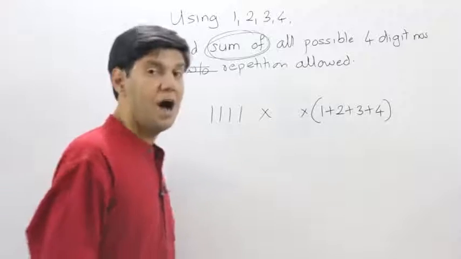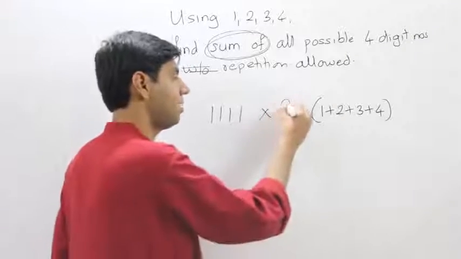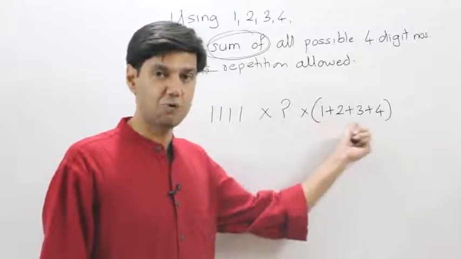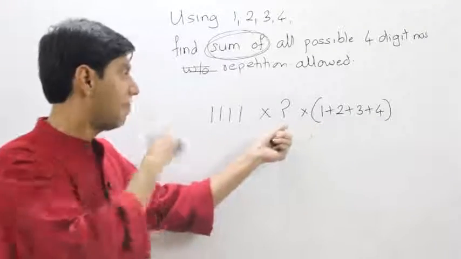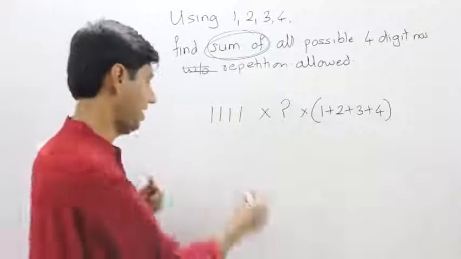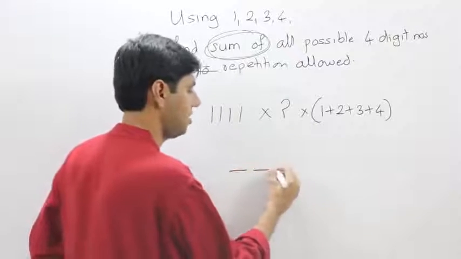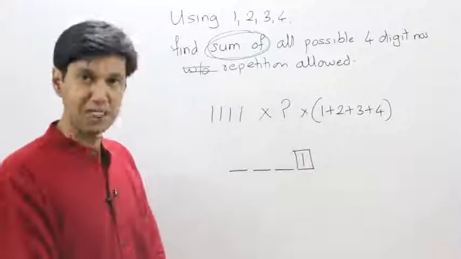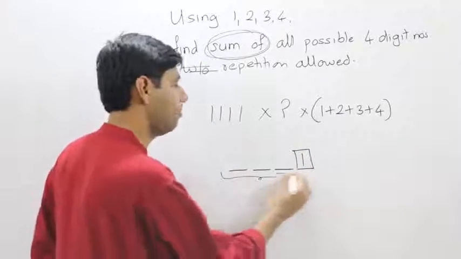Let's see what is going to come in this position. Again, when I add the units column, I would be encountering the digits 1, 2, 3, 4, same as over there, right? But how many times will I encounter them? That is where you should follow this approach. If you put 1 in the units place, how many possible numbers could be formed?